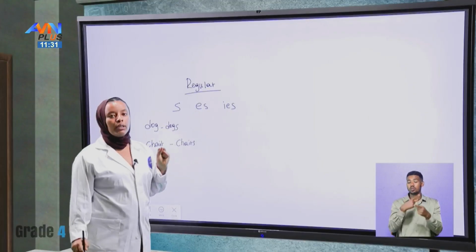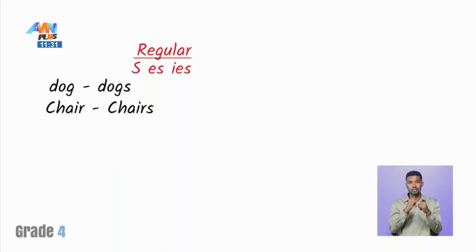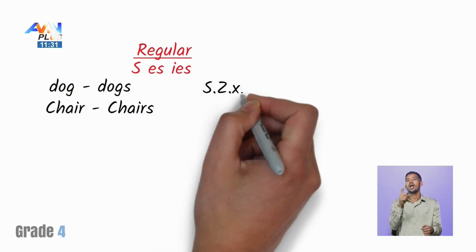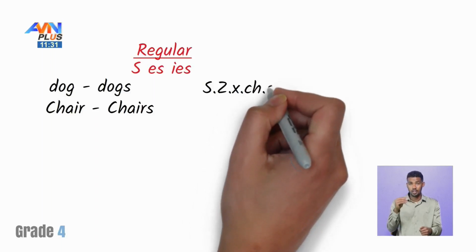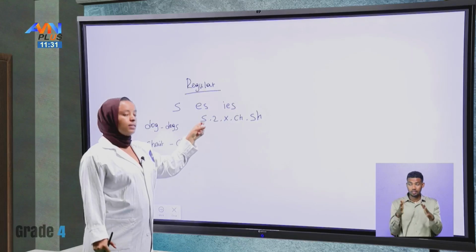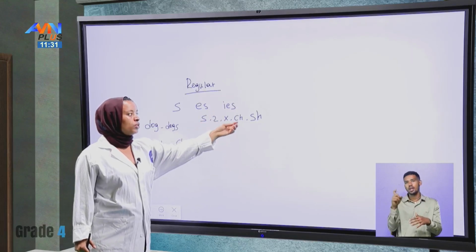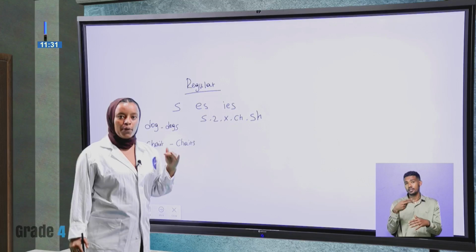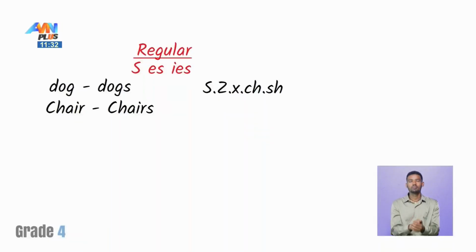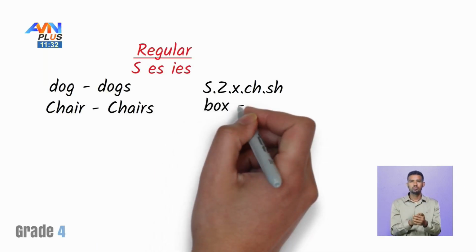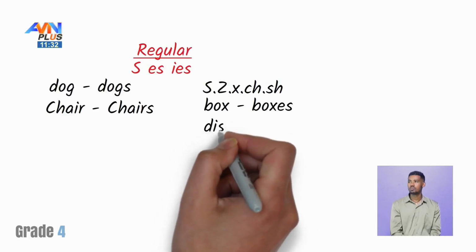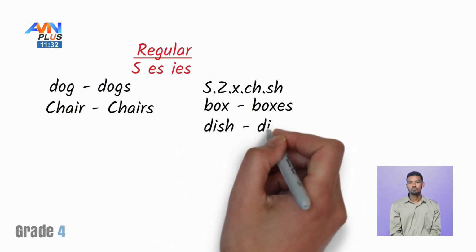When we come to ES, with nouns ending with S, Z, X, CH, and also SH, we add what? ES. For example, box, boxes. Dish, dishes.